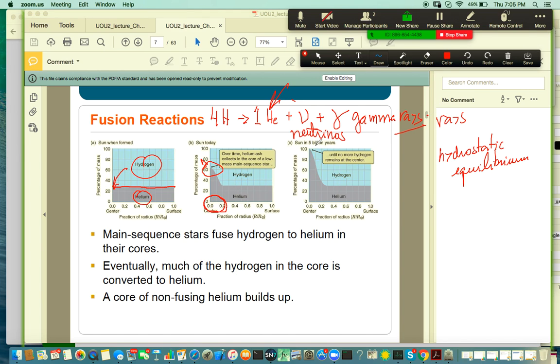Now, eventually, in a few billion years, the core of our sun will be completely helium populated. And when that happens, the helium will not undergo fusion reactions. Helium can be fused into carbon and oxygen, in the so-called triple alpha process. But for the sun, the temperature available in the core for these fusion reactions is too low.